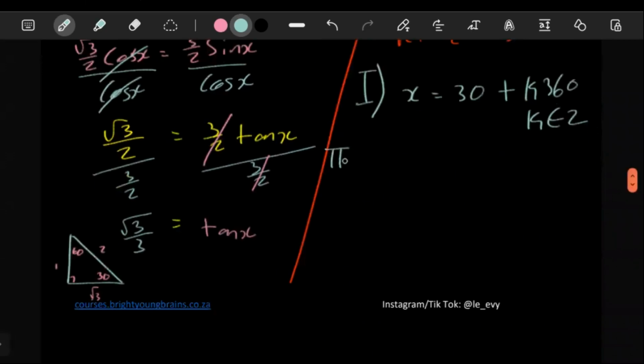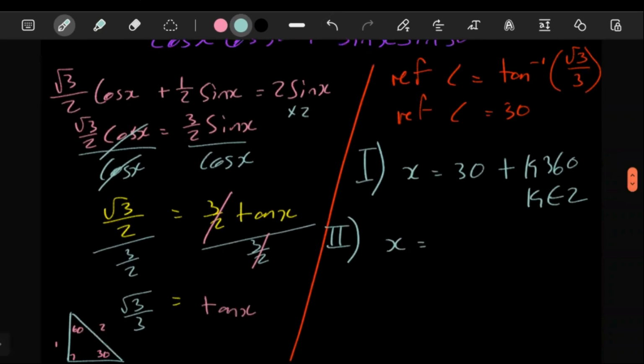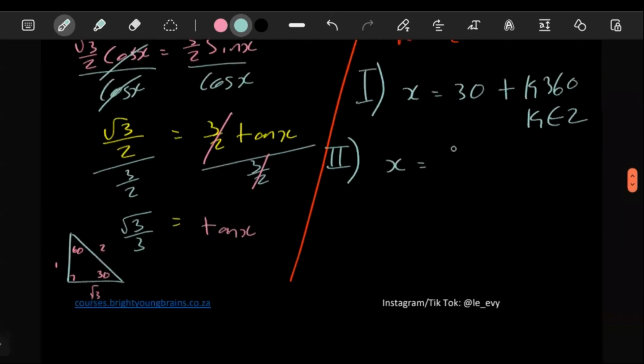The second one, you can say the following. x is equal to, well, tan is also positive in the third quadrant, which is 180 plus. So it's going to be 180 degrees plus the 30 plus k360, k is an element of integers.